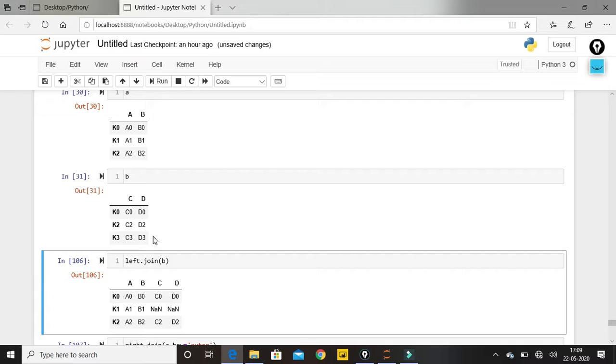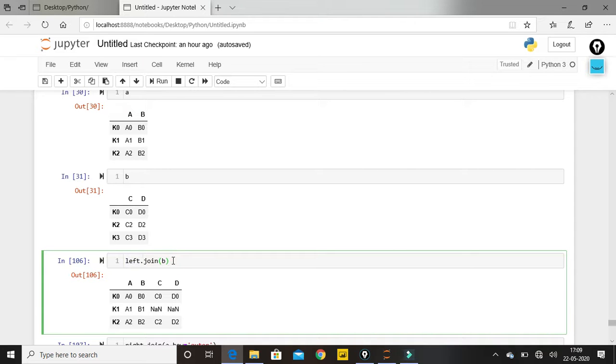Now if you notice the syntax over here, it's nothing like pd dot merge as in the case of the merge operation. It is just using left dot join. So left is the first one, that is our A data frame, dot join, it is joining it with B, our second data frame.